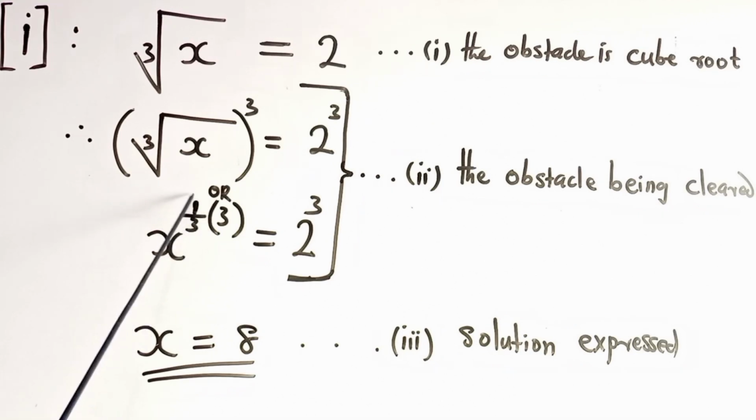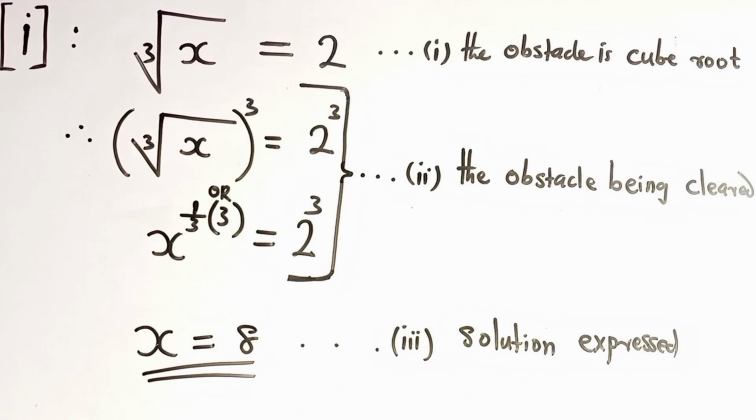Now, this is 1 over 3. It is now the power of this x. Meanwhile, what we want to achieve is to get power 1 as the power of x. How can 1 over 3, which is not 1, become 1? The only way at this point is to multiply it by its multiplicative inverse, which is this 3 here. 1 over 3 times 3.